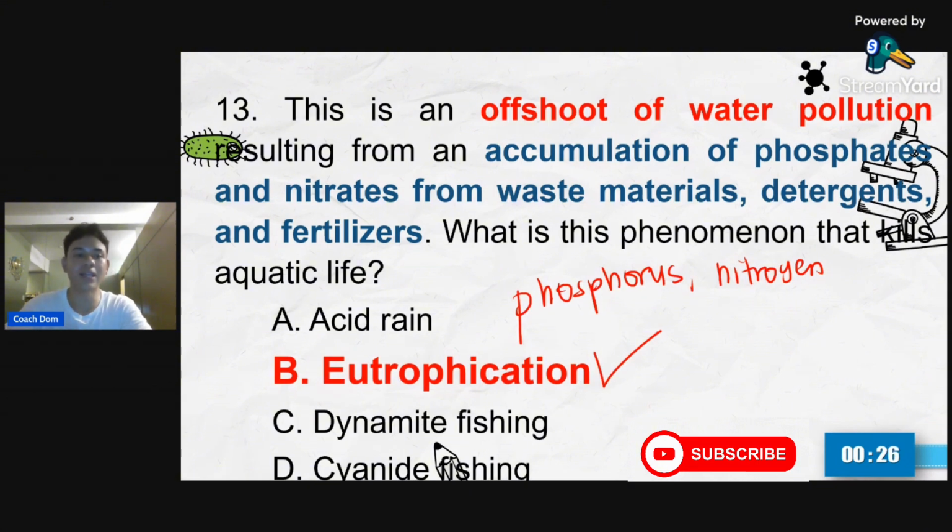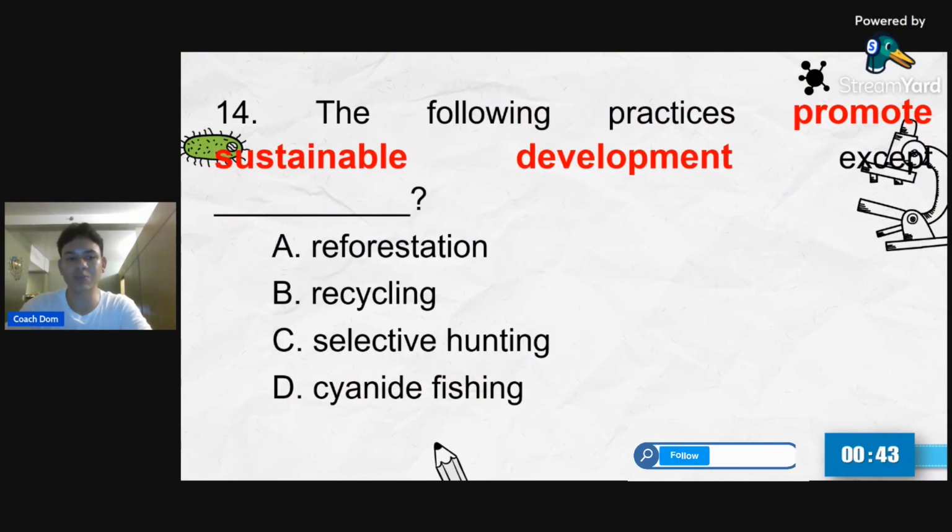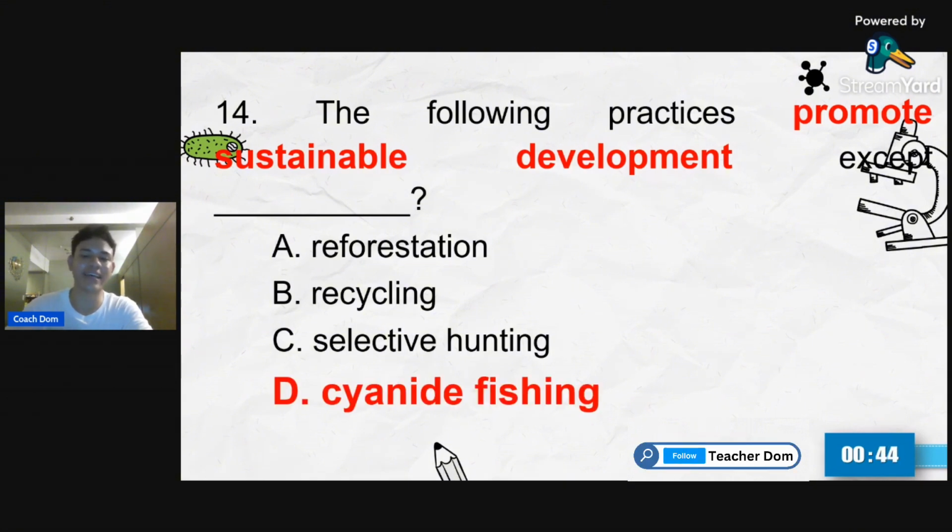Question number 14. The following practices promote sustainable development except: A, reforestation, B, recycling, C, selective hunting, D, cyanide fishing. Saan po dito hindi nagpro-promote ng sustainable development? Reforestation, recycling, selective hunting, or cyanide fishing? Correct answer po natin dito, cyanide fishing.